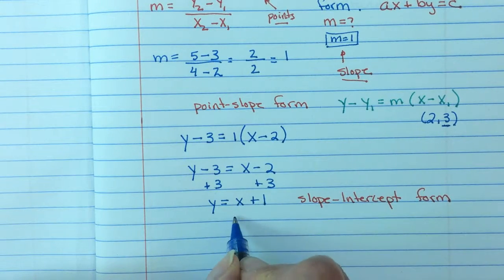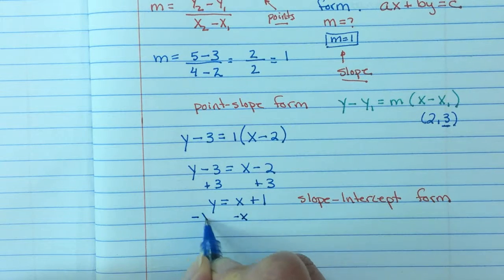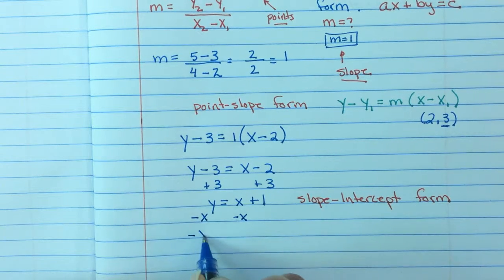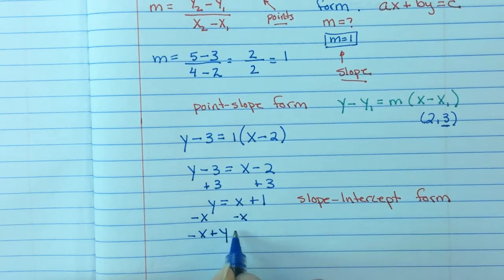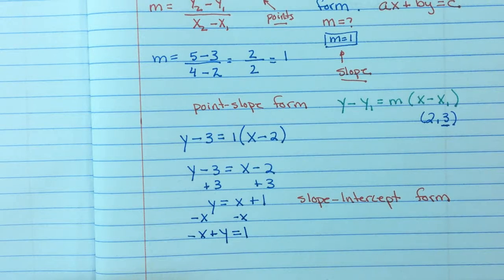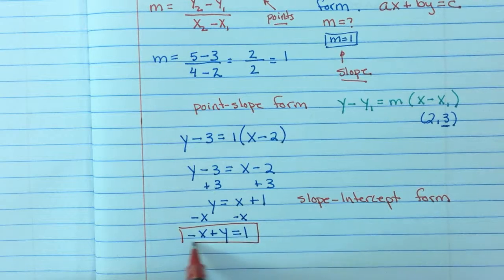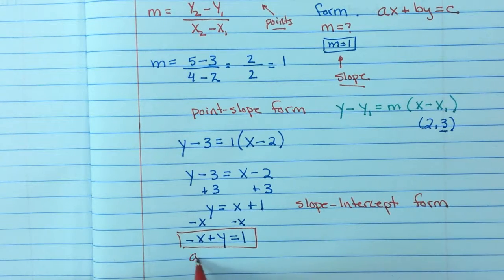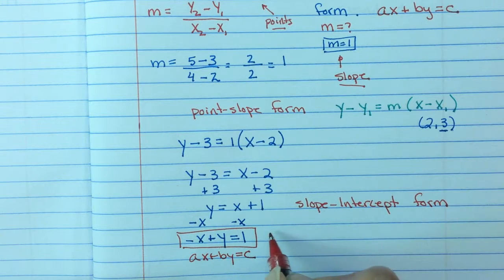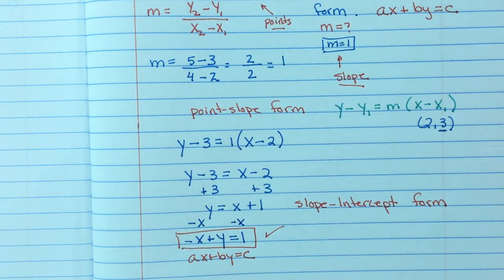So I just need to move it out of there. So I end up with negative x plus y equals 1. So notice this is in standard form. This looks just like ax plus by equals c. So I'm done with that.